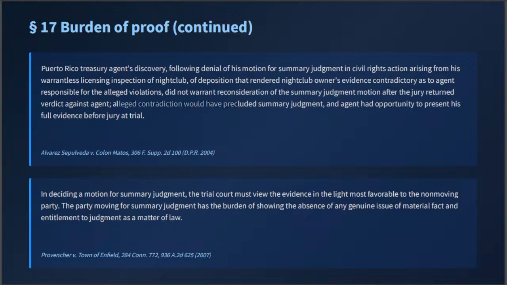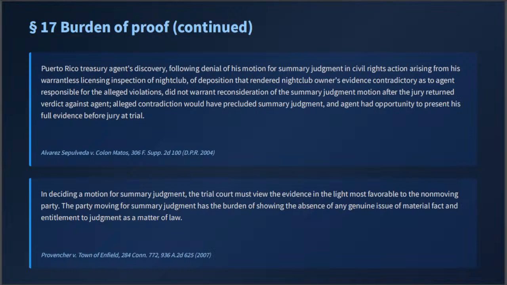The alleged contradiction would have precluded summary judgment, and the agent had an opportunity to present his full evidence before the jury at trial. So there it is. We saw this before. If you don't get it the first round, you don't get a second chance.